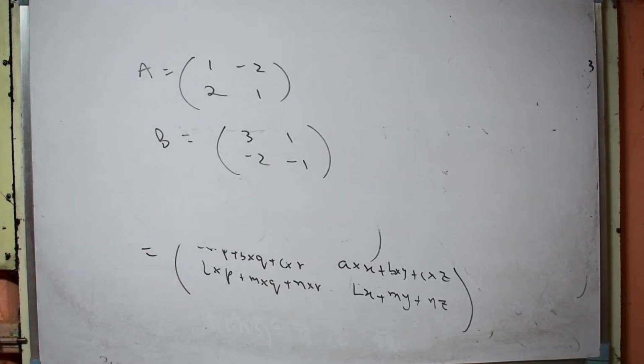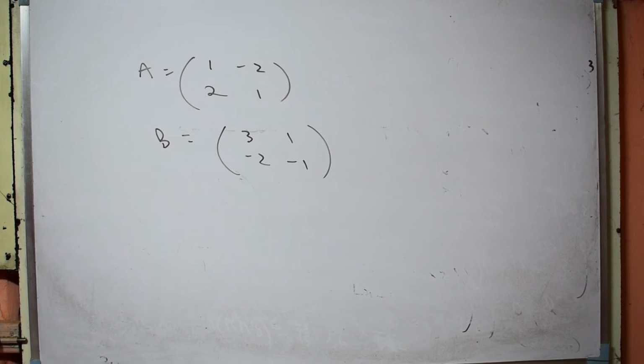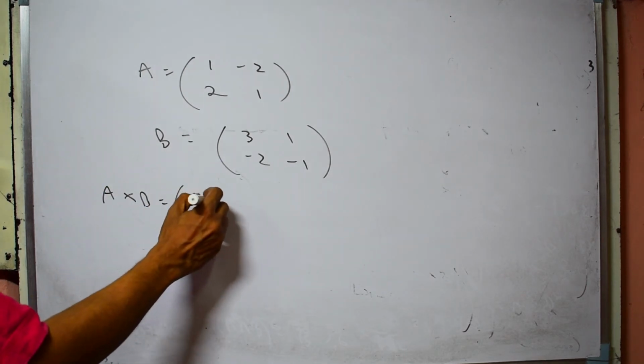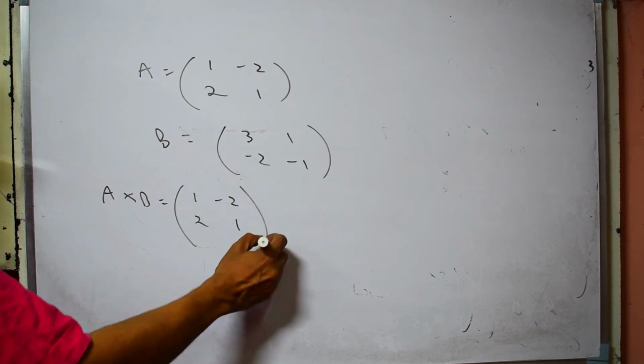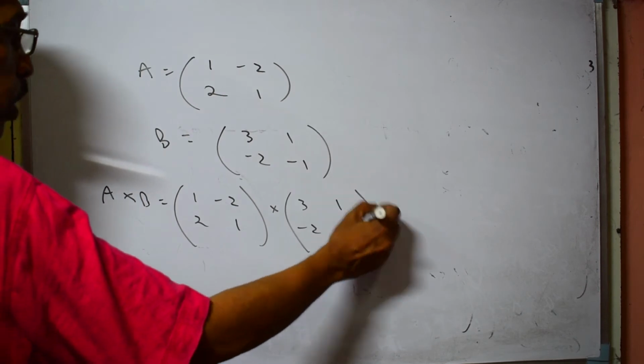We want to see what will be A into B and what will be B into A. First is A into B. A into B will be 1, minus 2, 2, 1 into 3, 1, minus 2, minus 1.